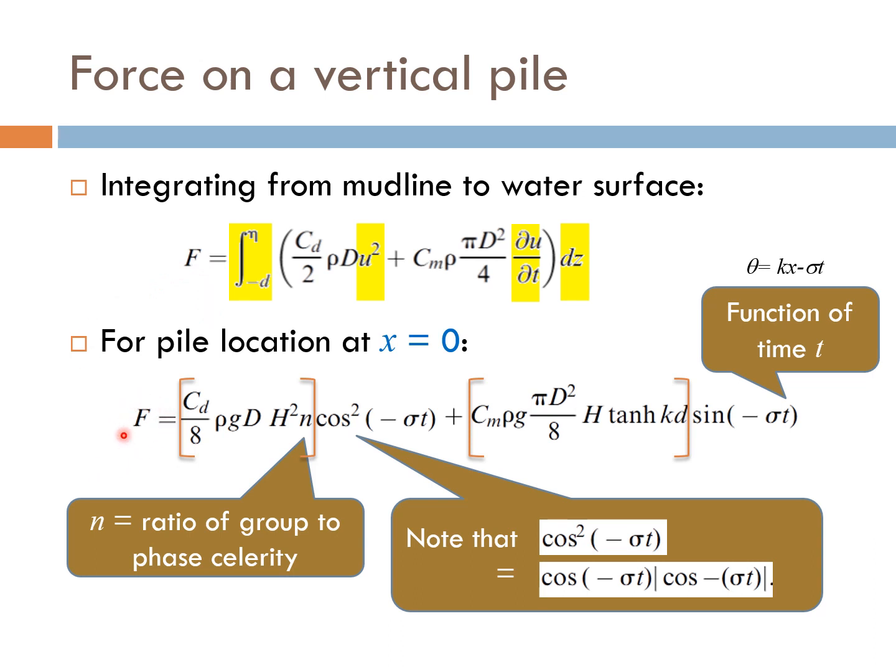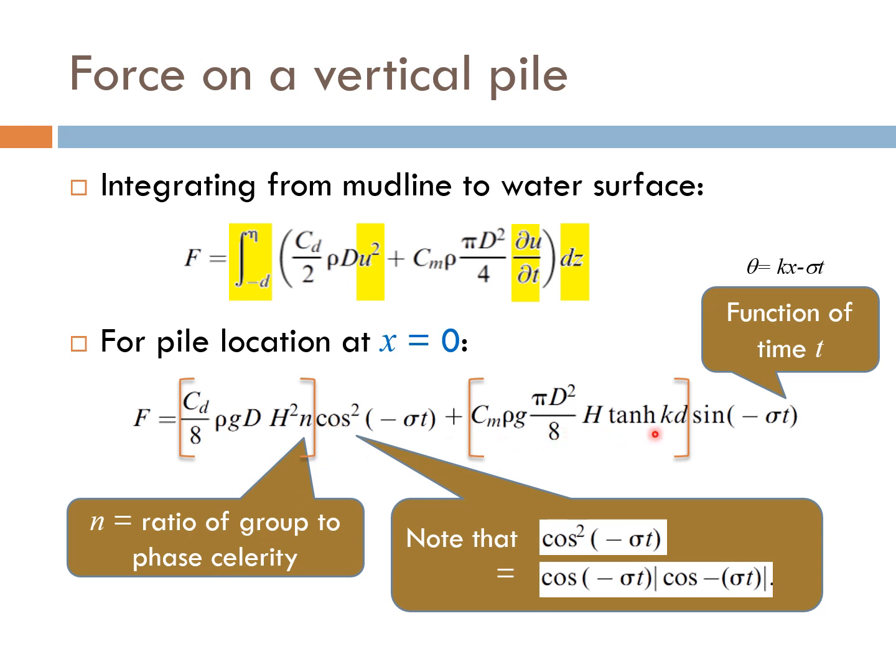So if we look at the entire expression, we notice that right now, after integration, the total force over the pile from the bed to the surface of the water is given by this very long expression. But basically it depends on the drag coefficient and the inertial coefficient. As before, we have the term rho g. It depends on the diameter, the wave height, and as before the ratio of the group celerity to the individual wave celerity.